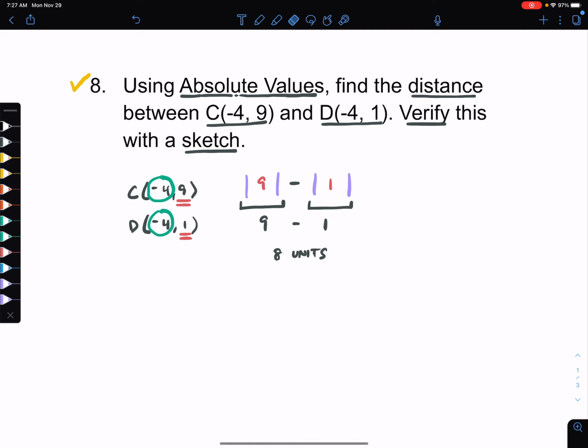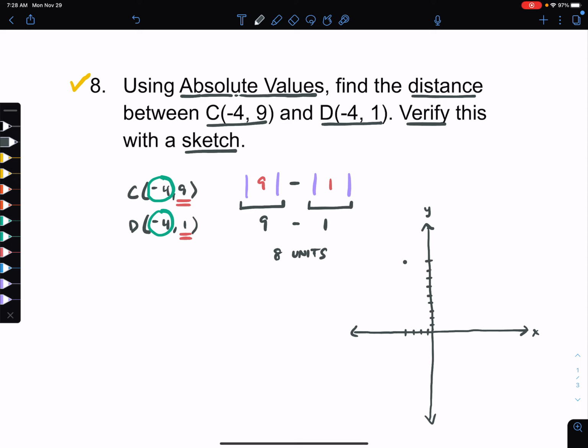Verifying this with a sketch, I'm going to go ahead and make a rough one here. Looks like I have to go to 9 up, so I'll try to make my spacing a little smaller so I can fit it. So here's my x-axis, here's my y-axis. -4, I'll go 1, 2, 3, 4, and then +9, 1, 2, 3, 4, 5, 6, 7, 8, 9.